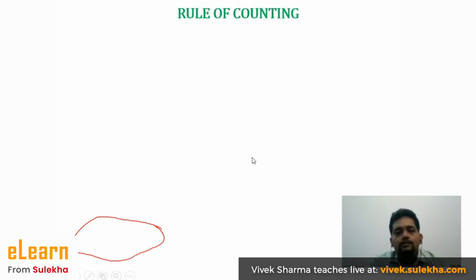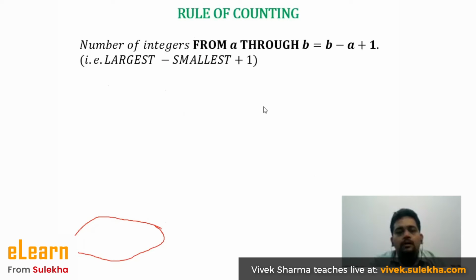Now if you move to the next topic, that is the rule of counting. If you have to calculate the number of integers from A through B, it is very important how you understand from and to. Whenever you have from this to this or from this through this, the extreme terms are always included.